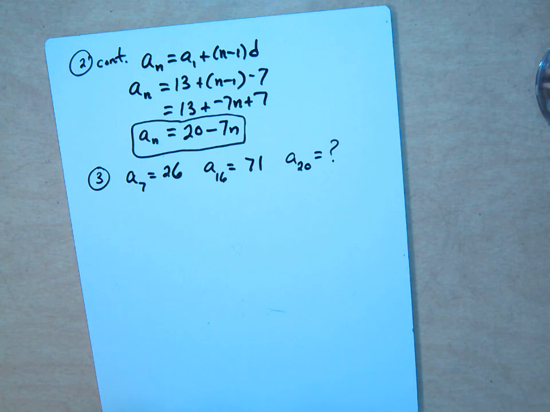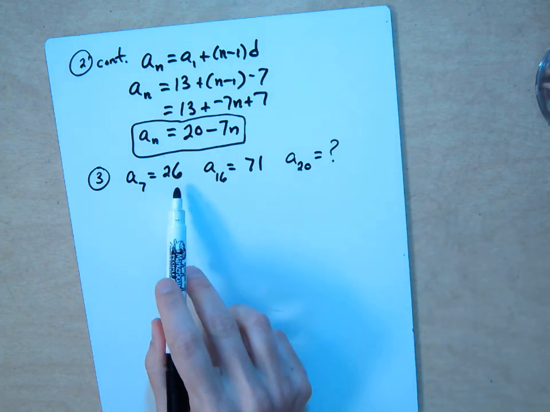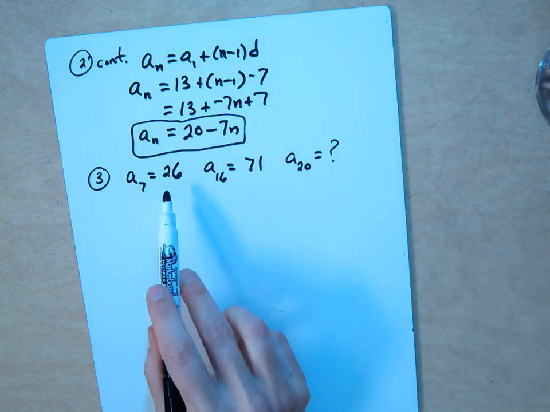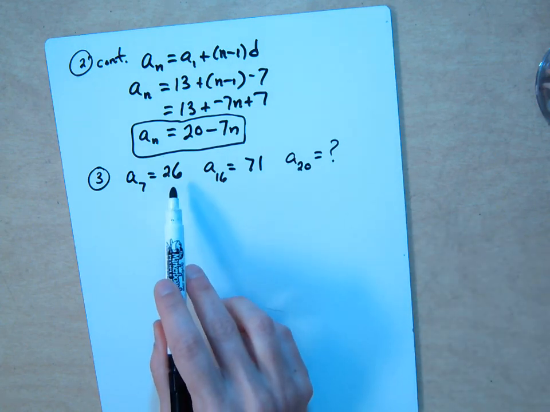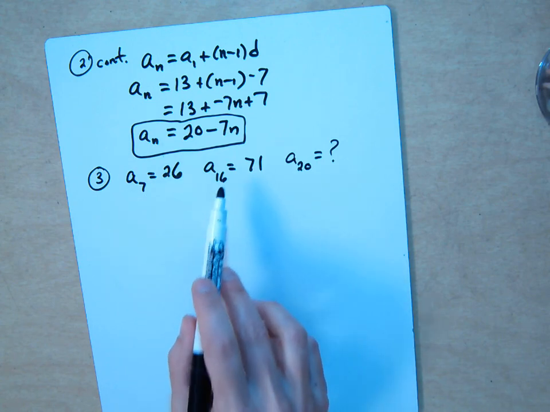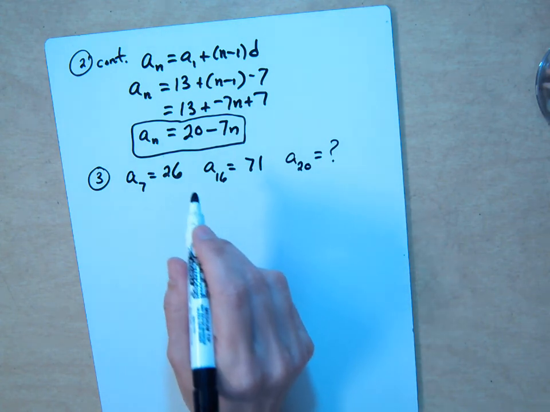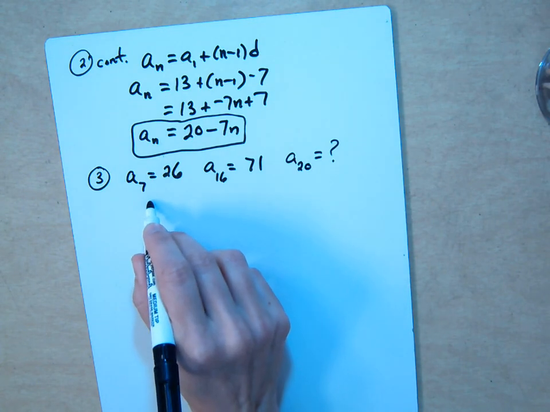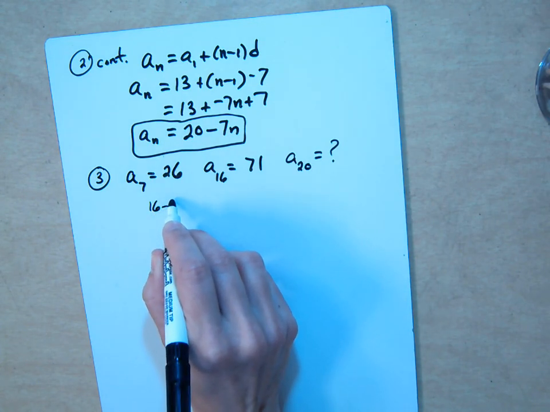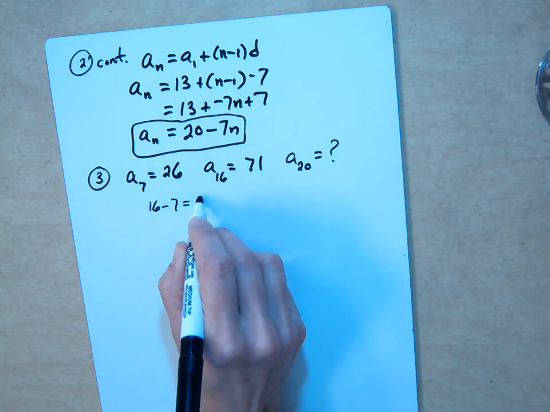Okay, so to find this common difference, how many times do you have to add your common difference to go from the 7th term to the 16th term? 9 times, right?